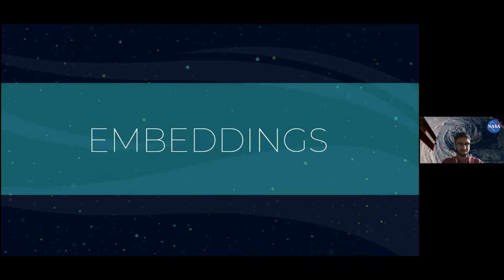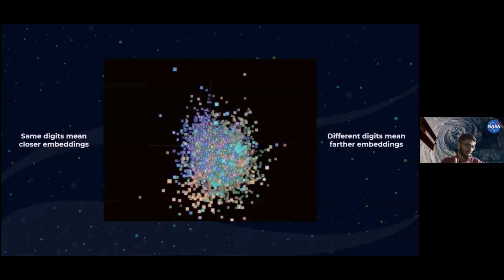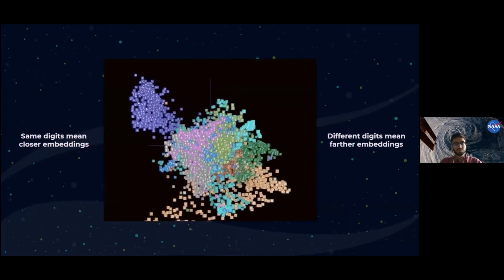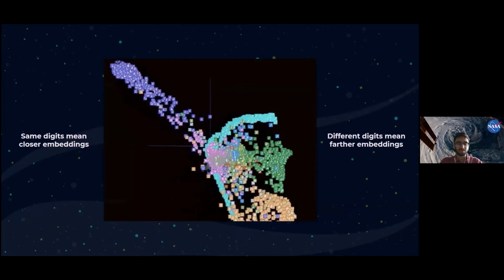But how do we do that? To reach our goal of creating balanced datasets, remember that embeddings are just a numerical representation of our images. And like Mike presented earlier, similar images will have similar embeddings. And here we can look at the MNIST example again. During training, the images that are similar start forming better clusters with each other.